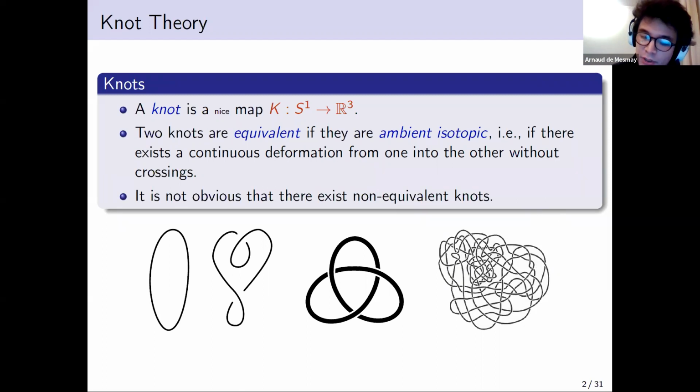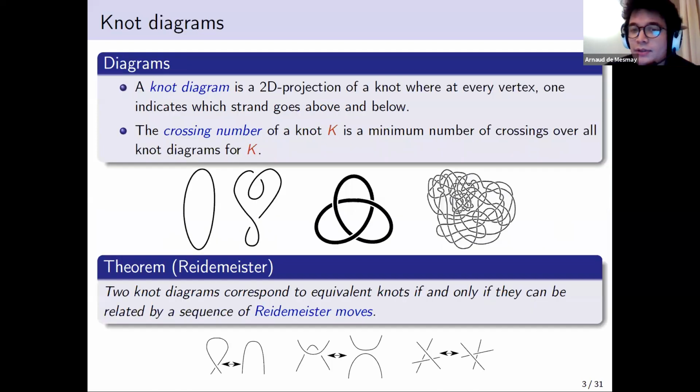Now, we want to talk about computational problems. So we want things to be more discrete. And a nice way to think about knots in a discrete way is via knot diagrams. So a knot diagram, what is it? Well, it's simply a 2D projection of a knot, where at every vertex, you write which strand goes above and which strand goes below. So basically, that's a 4-valent graph.